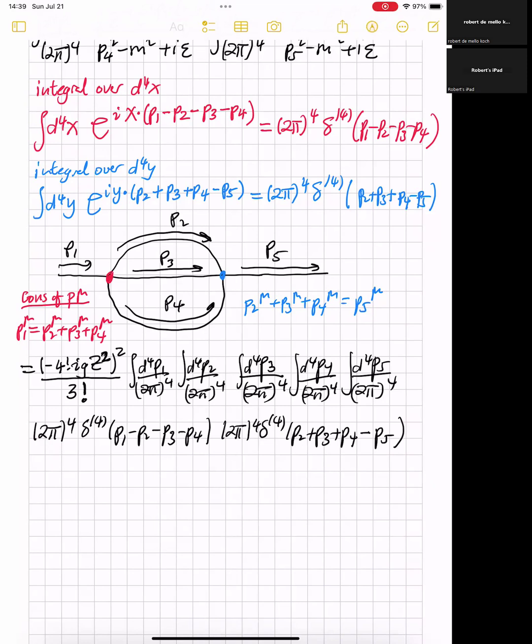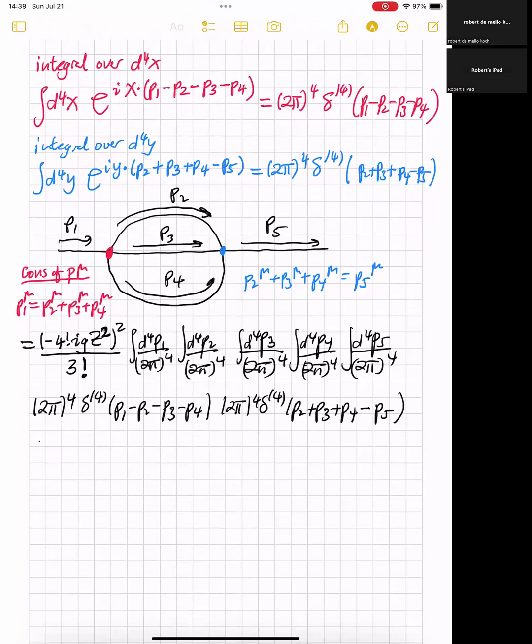Then we've got all of the propagator factors, one for each line. So each one is an IZ inverse, P1 squared minus M squared plus I epsilon. Then we've got an IZ inverse, P2 squared minus M squared plus I epsilon.